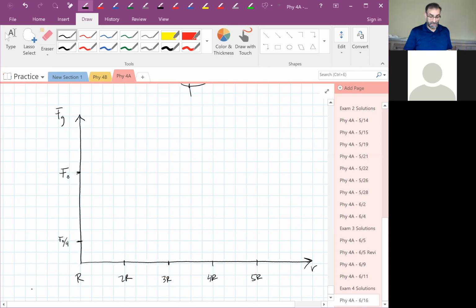One quarter as much, right? It goes as 1 over r squared. Double the distance, you have 1/4 the amount of force.